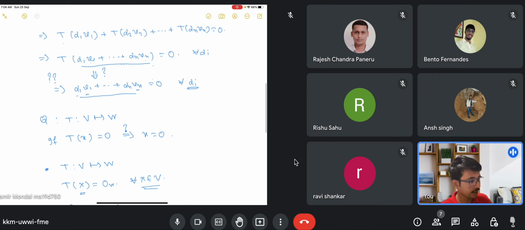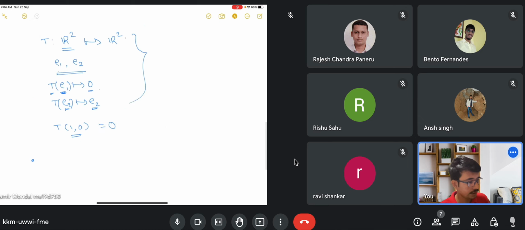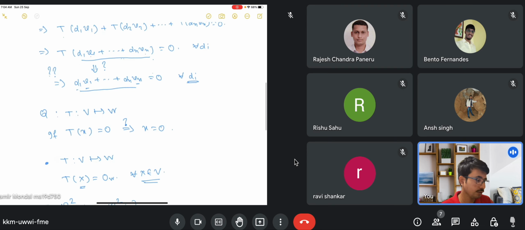Okay, so what is the condition? These two equations will be equivalent if this map is such that if the image of a vector is 0, it is forced that x is 0. We need this extra condition.